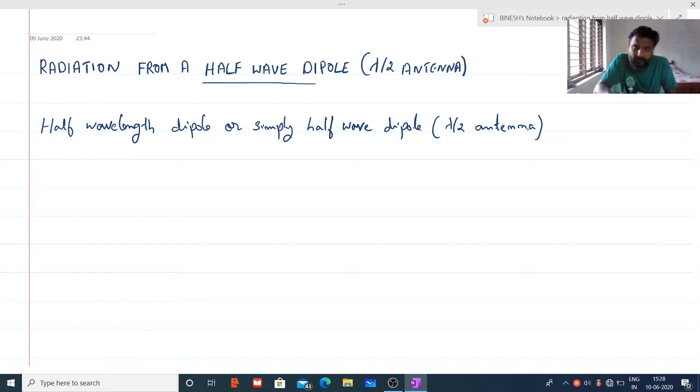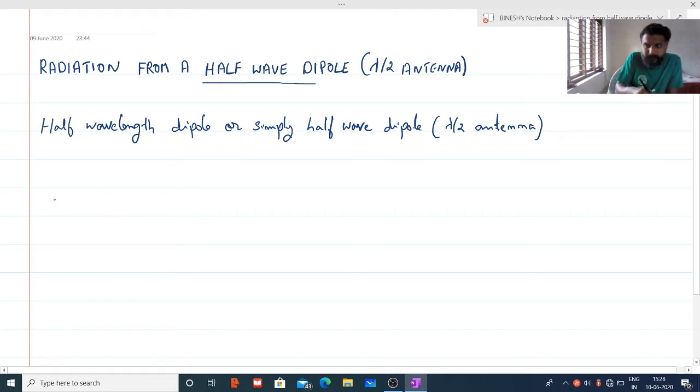So this is frequently employed as an element, or as a part of a more complex directional system.